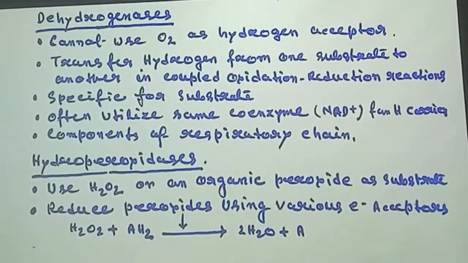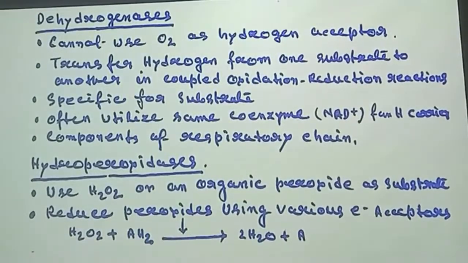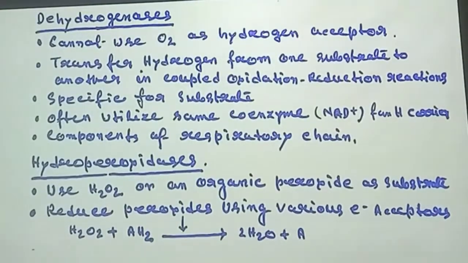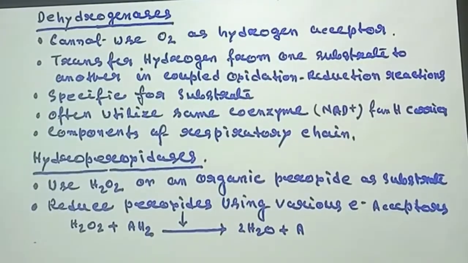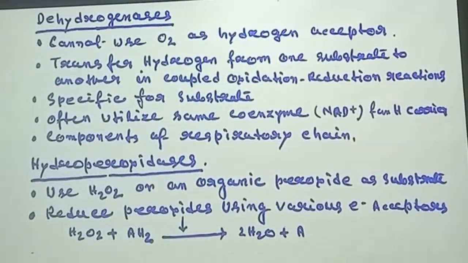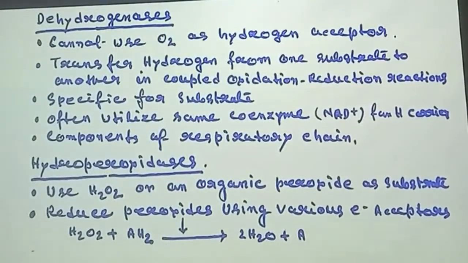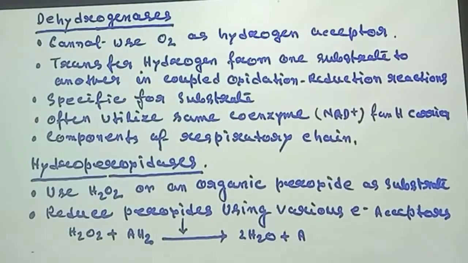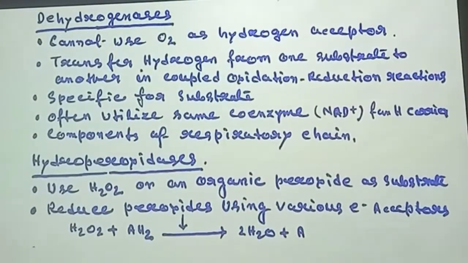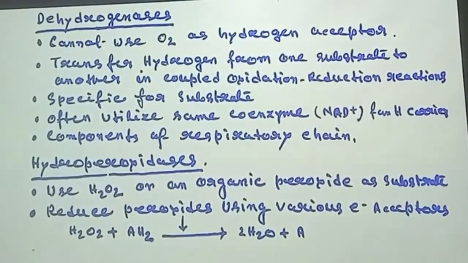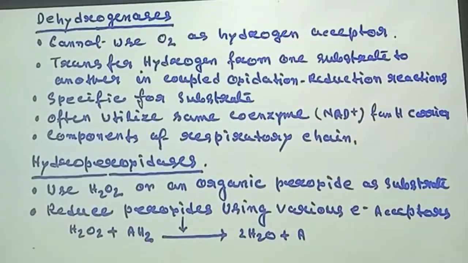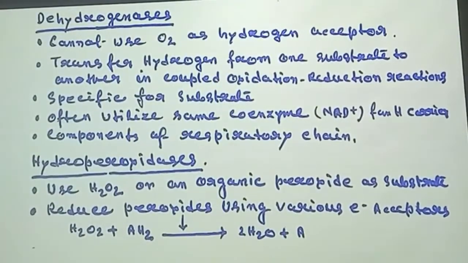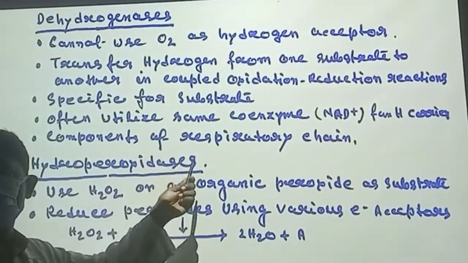They transfer hydrogen from one substrate to another in coupled oxidation reduction reactions: NADH2 to NAD plus, FADH2 to FAD plus. So hydrogen is removed, and that is the main way we find in different metabolic pathways, giving a lot of reducing equivalents which are finally oxidized in the respiratory chain. So that is the major way of oxidation in our system.